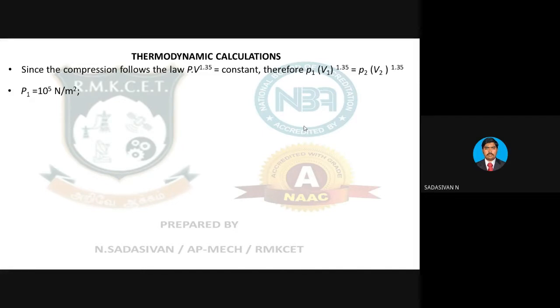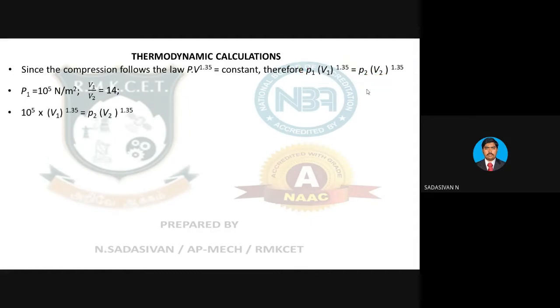I don't know the individual values of V1 and V2, but I know the ratio between V1 and V2 is 14. Please understand carefully. I have a simple polytropic relationship here, and if only one value is unknown, I can find it. P1 is given, and the ratio of V1 and V2 is given. Now the only unknown is P2, so I can find out P2. That is the basic idea.